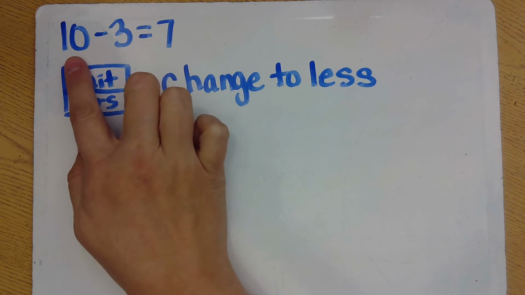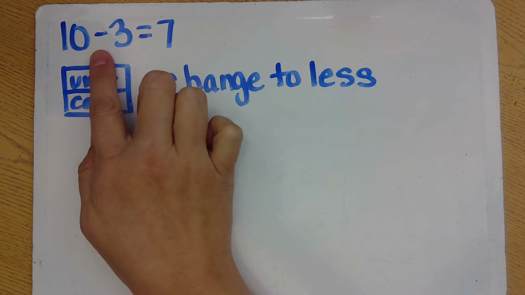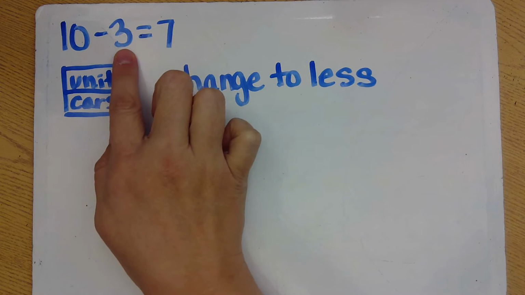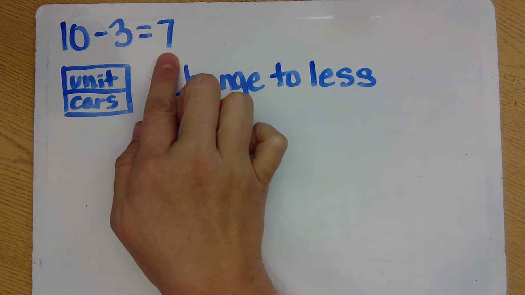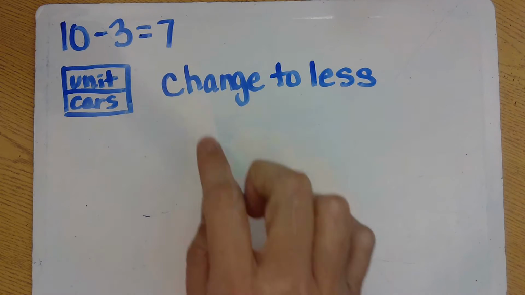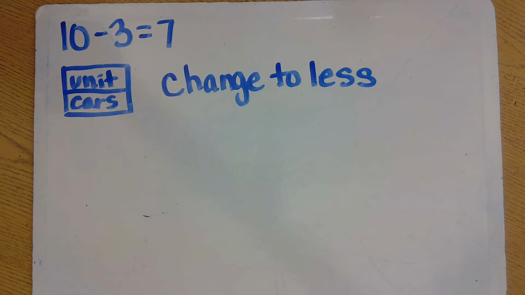So again, we start out with a number, we decrease, which is another word, a synonym for subtract, we decrease another amount, and we end up with a certain amount of items that are left. So these are called change to less stories.